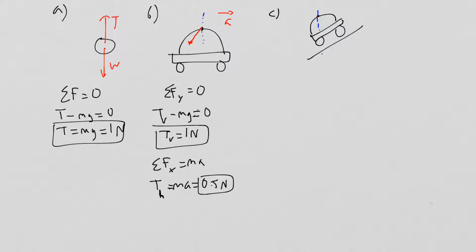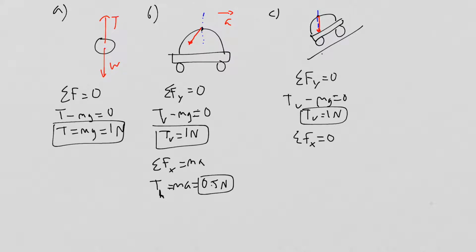So that means the ball hangs straight down, and the vertical forces, net force is 0. So once again, the vertical tension is 1 Newton.